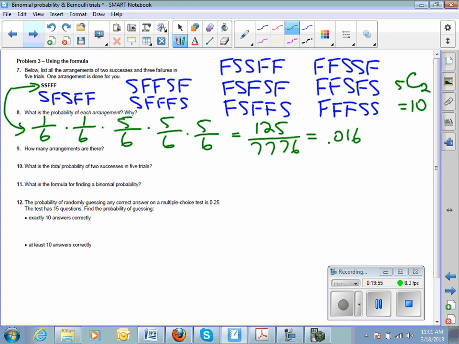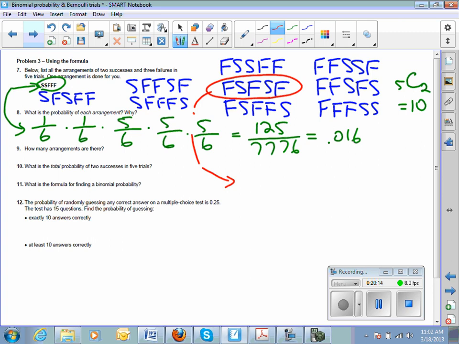What if we looked at one of the other outcomes here? So suppose instead of this one, we want to calculate the probability of, I don't know, how about this one right here? What's that probability? The same.